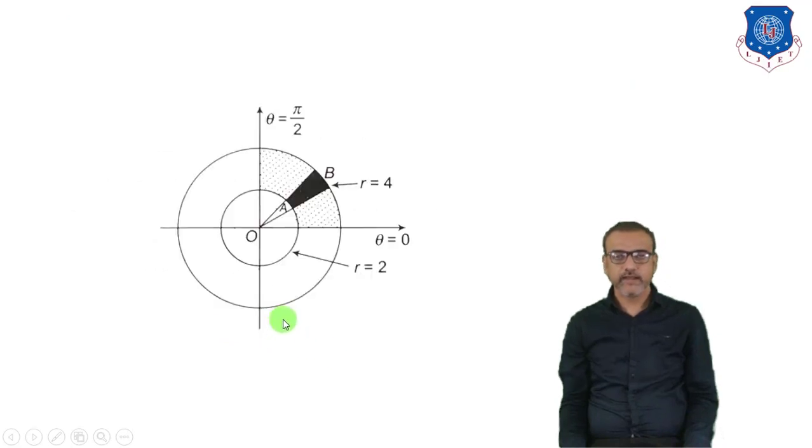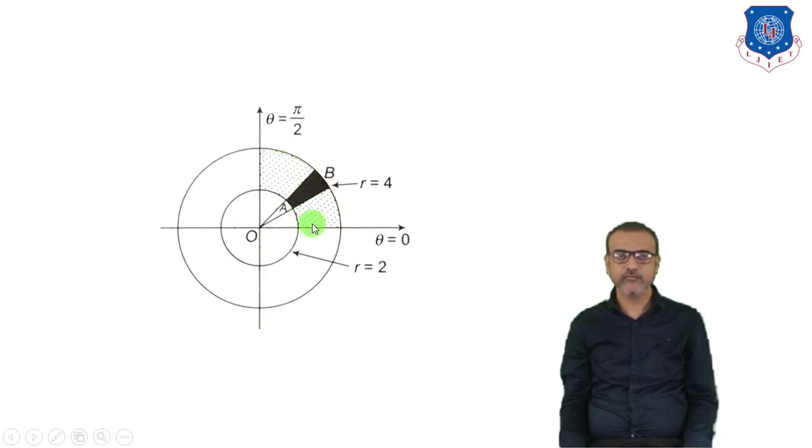Now this is a diagram. You can see that this is a circle having center 0, 0 and radius equals 2, and this is a circle having center 0, 0 and radius equals 4, and the region or area bounded by these two circles in the first quadrant is this one.